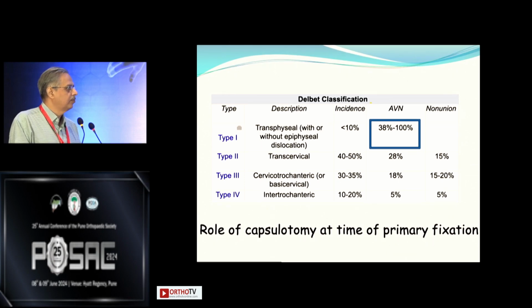The third factor which determines AVN is quality of reduction and stability of fixation, which is in your hand. So depending on age, if you have an accurate reduction and a good stable fixation, then you minimize the risk of AVN. Capsulotomy may or may not help, it doesn't matter. That is what the literature says.